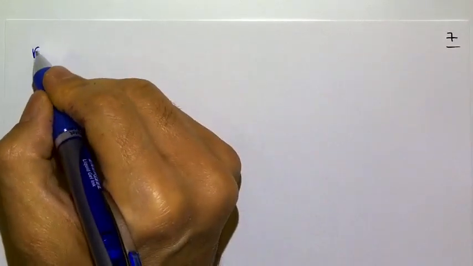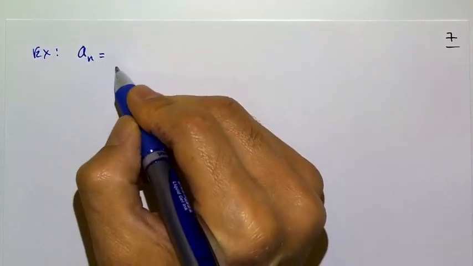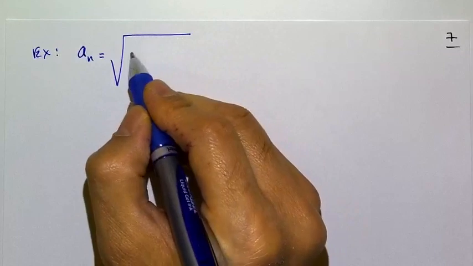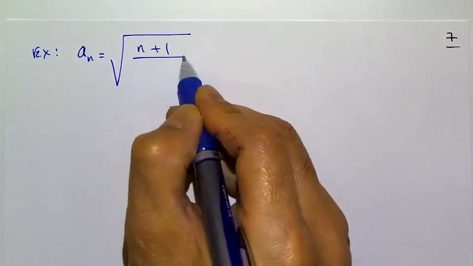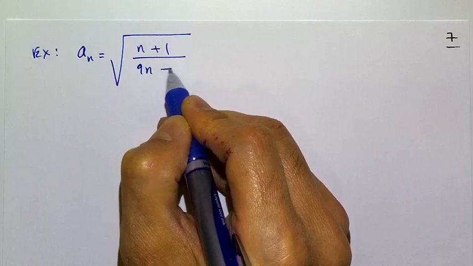Okay, so another example would be, suppose we have this sequence a sub n equals square root of n plus 1 divided by 9n plus 1.